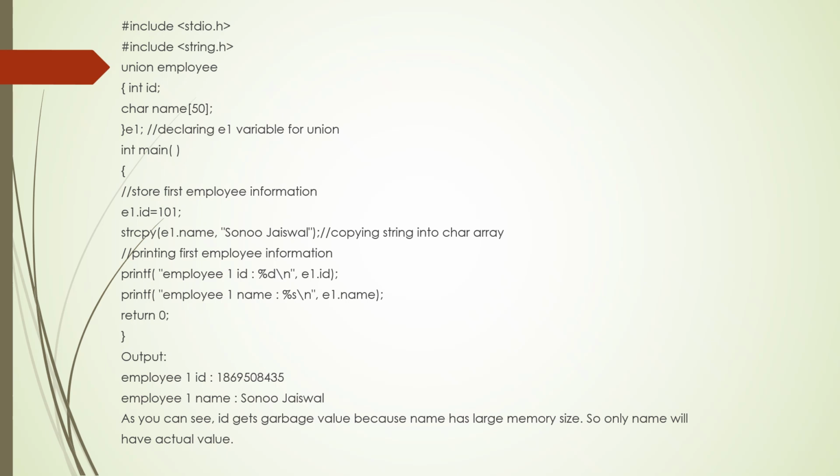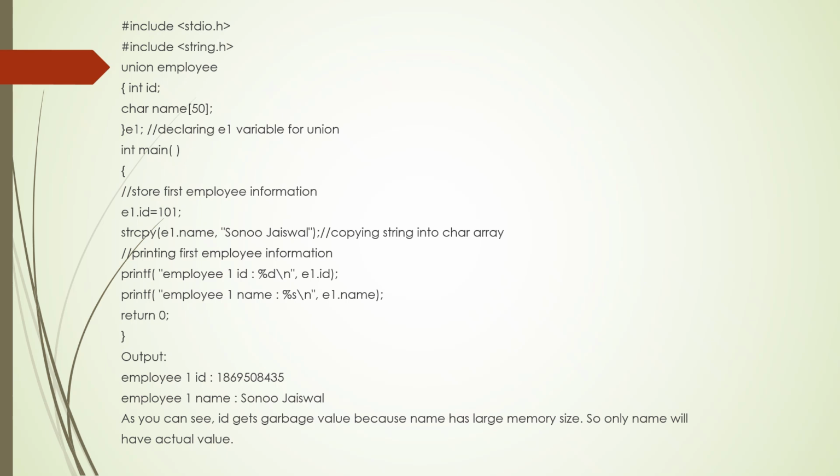Choose a structure if you want all members to have their own memory, you need to use all variables together, and data should remain independent and safe. When to use unions: use a union when you need to store only one value at a time from different types. Choose a union if you want to save memory, only one member is needed at a time, or you are working with low-level or memory-critical programs.